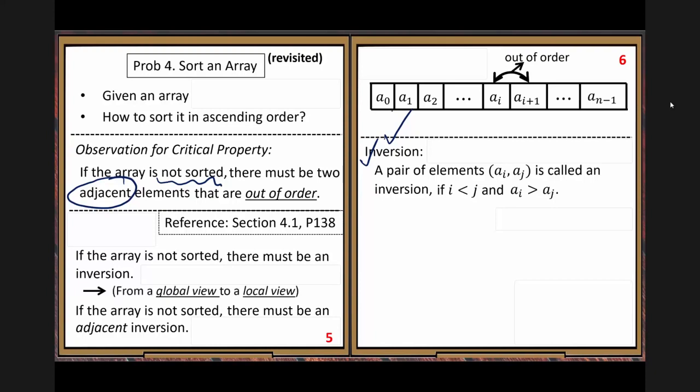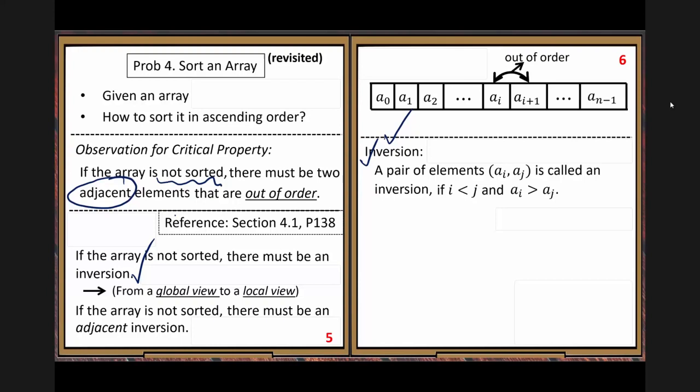Here you can see the change from the first version to the second. In the first version we take the global view, because for the first type of inversion we didn't say adjacent. The two elements that form the inversion could be anywhere in the array, so that's a global description.